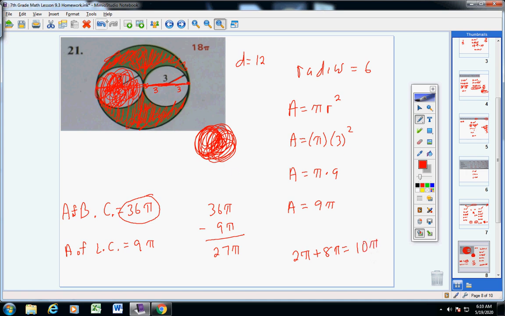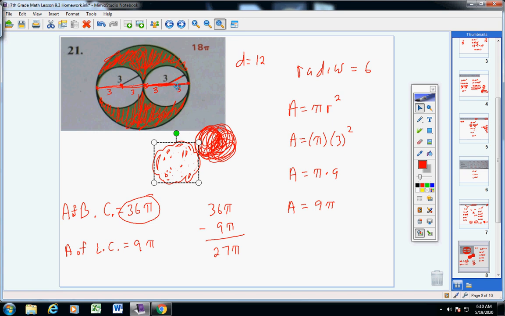Okay? So, with that in mind, I took my big circle right here and I subtracted out one of the circles. Now, guys, we should understand the radius of this circle here is 3. The radius of this circle is 3, so their areas are going to be the same.